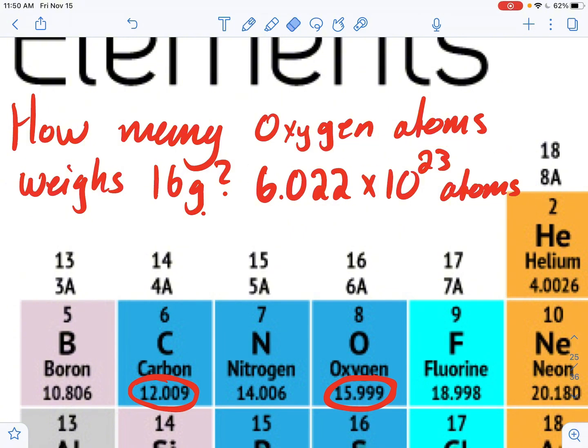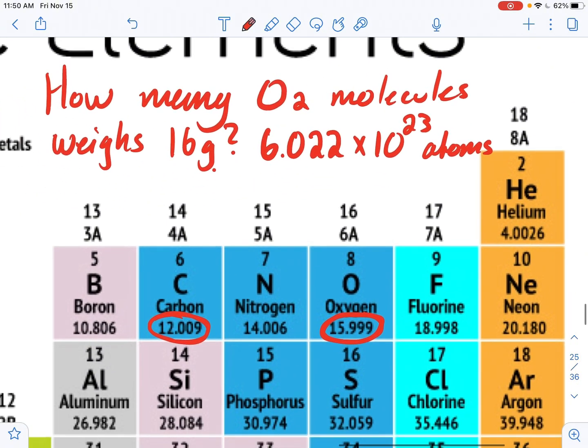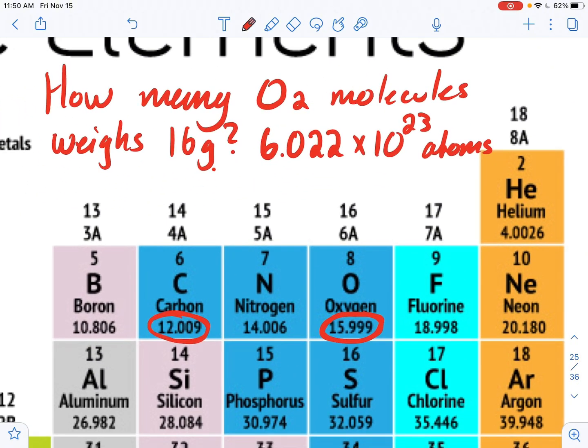He also knew that oxygen was not in its atomic form in the environment. Oxygen in the environment is actually O2 molecules, right? And so what is the atomic mass of O2? Well, we have 2 oxygen, so it's going to be 2 times the 16. So how many O2 molecules does it take to weigh 32 grams? And he found, of course, 6.022 times 10 to the 23 molecules.